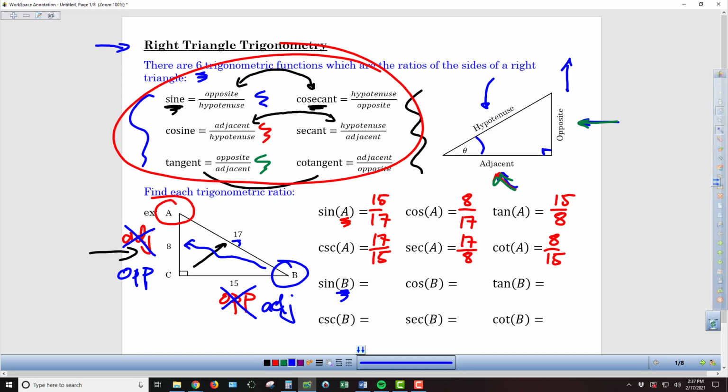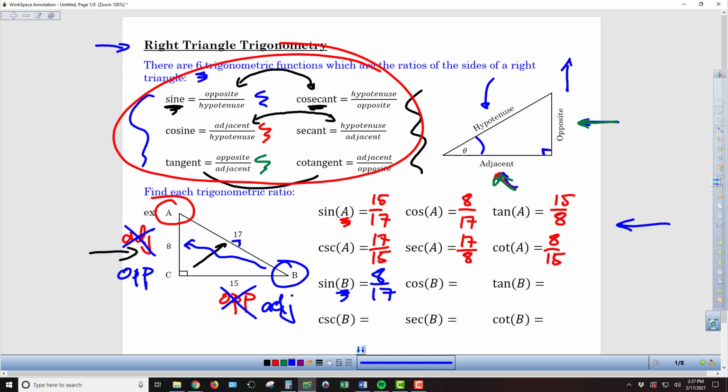So when we start to find the sine and cosine and all the other trigonometric ratios for angle B, we're going to see a lot of the same answers, but they're just going to be flipped around. For example, sine of angle B is going to be opposite over hypotenuse, so 8 over 17.